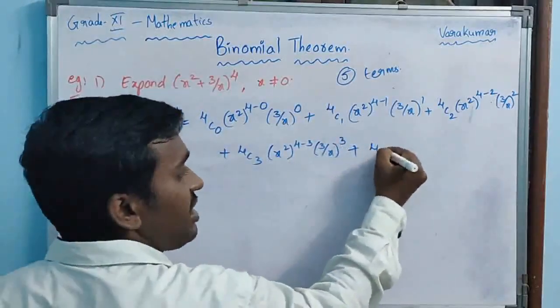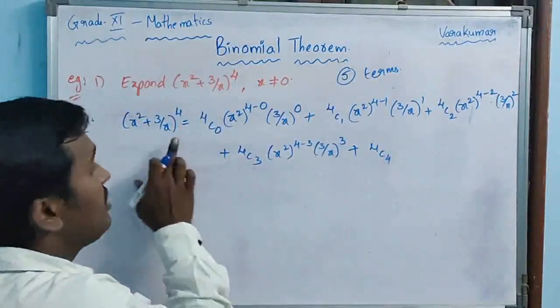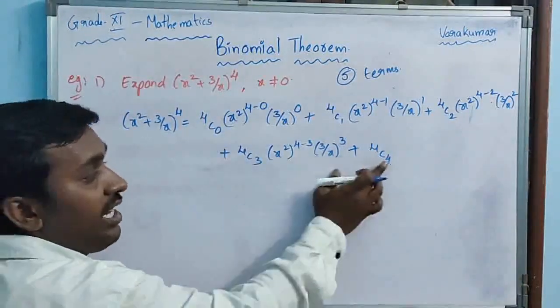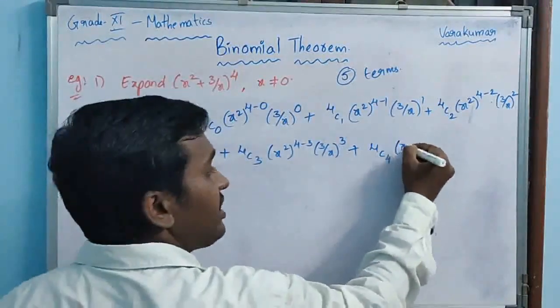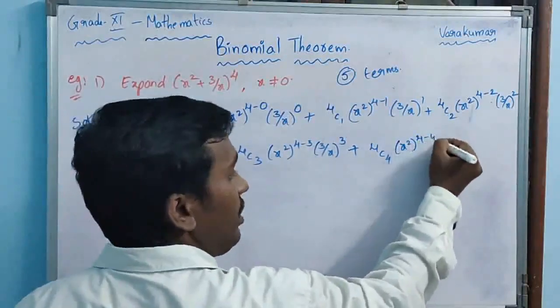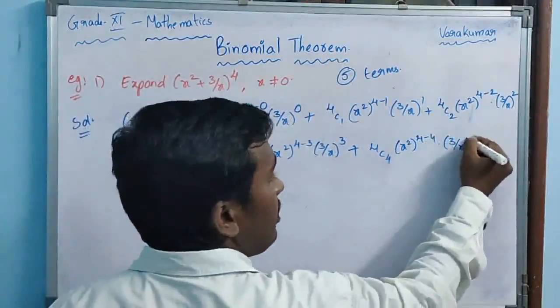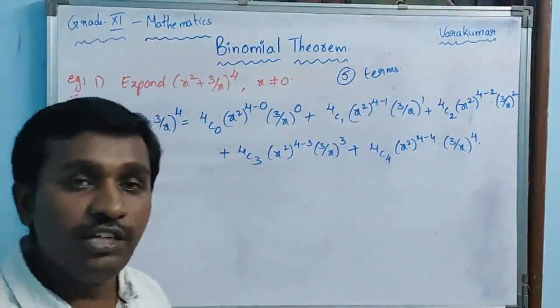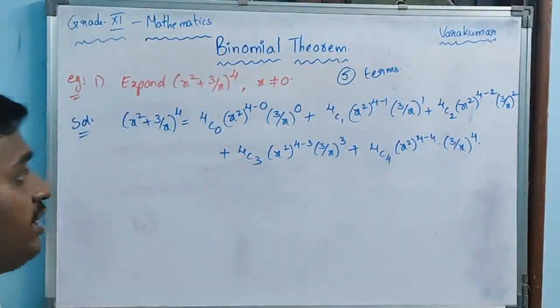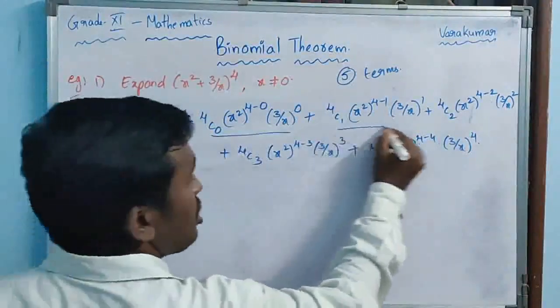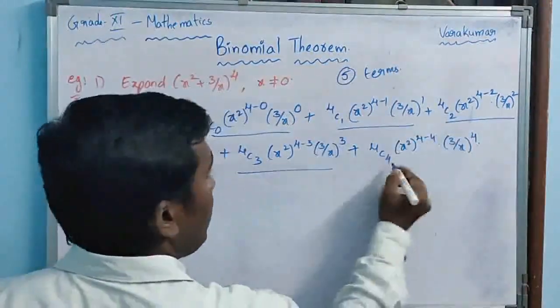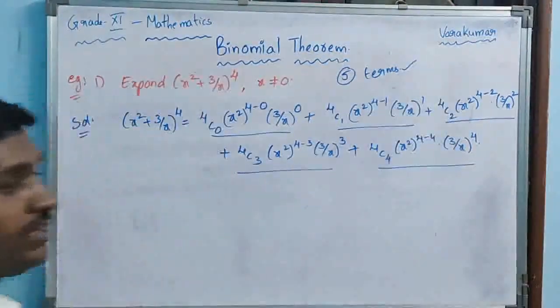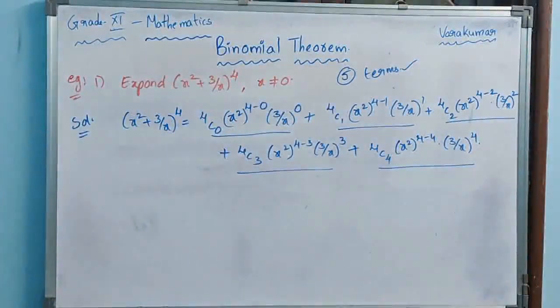Then 4c4, (x²)^(4−4) into (3/x)^4. And next, 4c5 won't be possible because we have only 4. So see the expansion: 1, 2, 3, 4 and 5 terms.